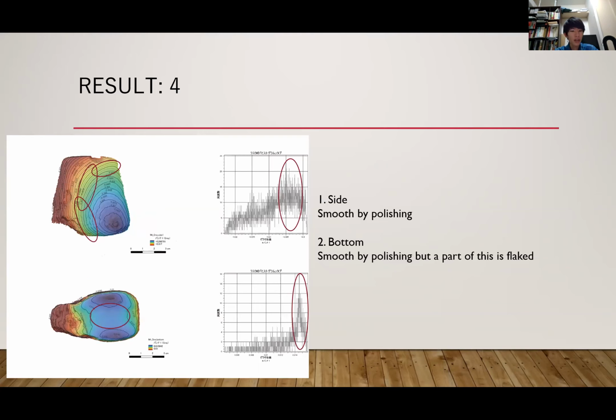The fourth is entirely polished like the third stone implement. As you can see from the bottom, the left side is thin, so the right side is high. The bottom is the same as the second and third stone implements. The peak of the histogram is in the groove.